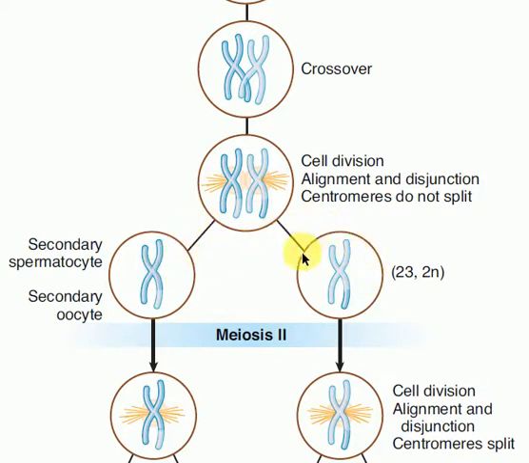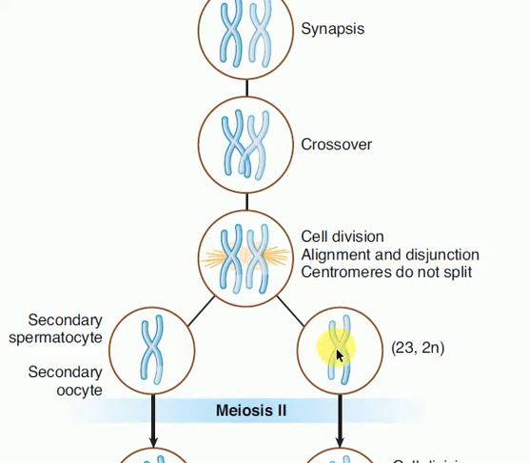Now each daughter cell will have 23 chromosomes instead of 46. And the number becomes diploid again. From tetraploid, it becomes diploid again. So it's 2n. There are two strands of chromosomes, or two chromatids, held together by the centromere.